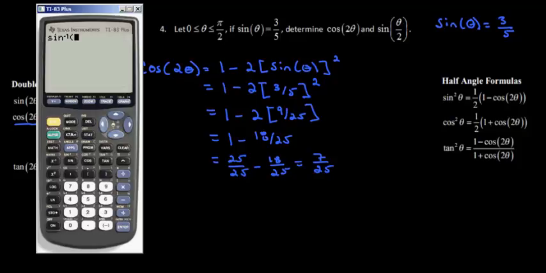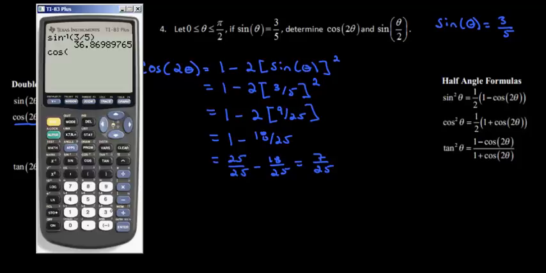The arcsine of 3/5 should give me the angle value. Also notice that theta is between 0 and pi over 2, so this is going to work because the values I'm going to get out are in that range. It says I'm looking at an angle that's about 37 degrees.